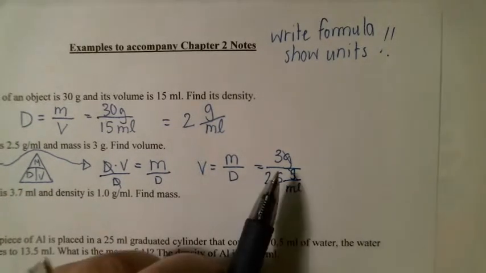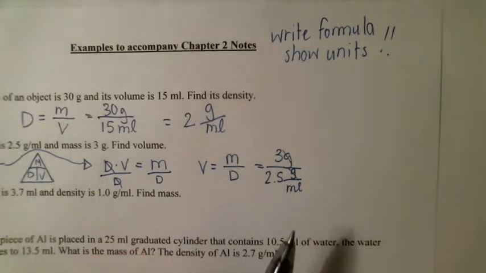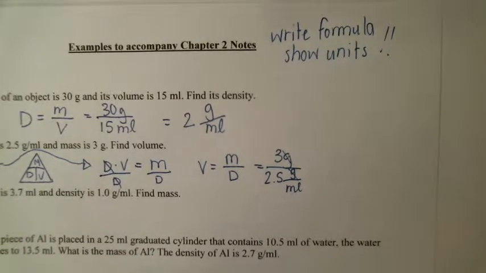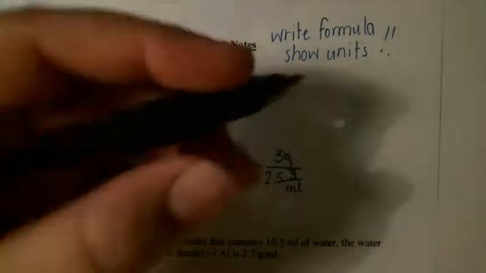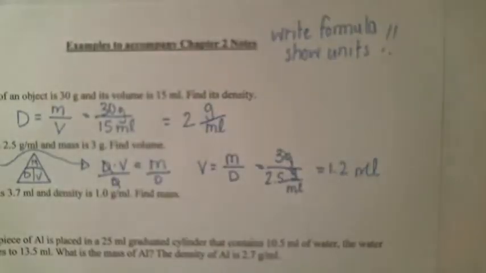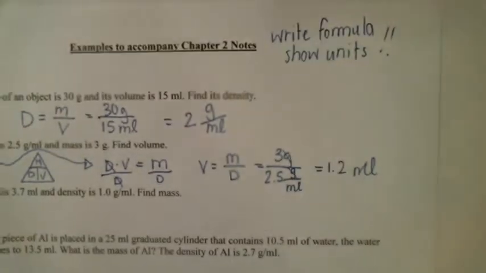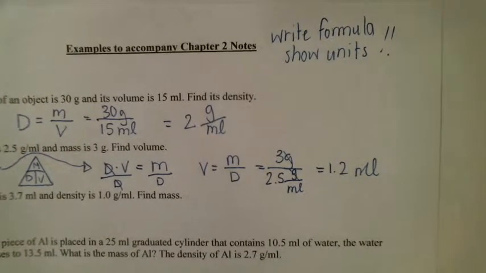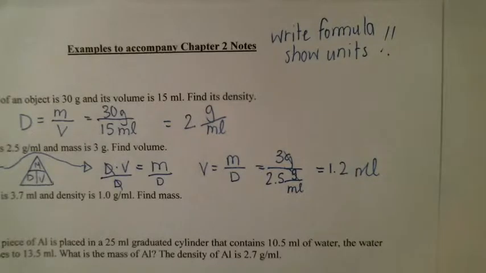Okay. So 3 divided by 2.5. You can use a calculator for that. 3 divided by 2.5 is 1.2. And volume is going to be measured in milliliters. Milliliters. Okay? There we go. Focus. Okay.